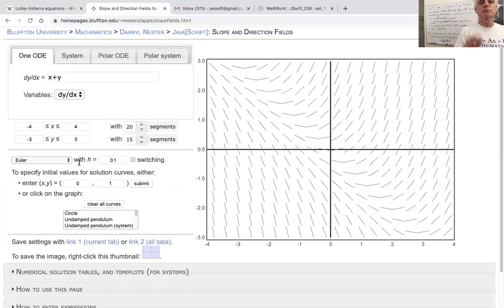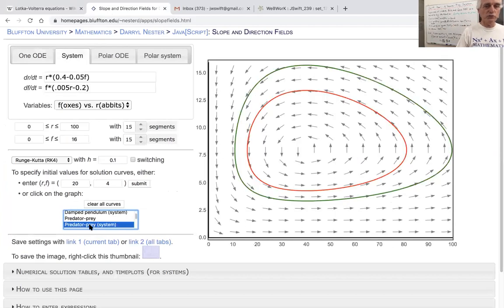Okay, this program actually has stored in it some cases. Here we've got predator-prey. So we're thinking about the predator-prey system. This is exactly the predator-prey equations that I showed you at first. They're using small r, where I use big R and small f, but okay.